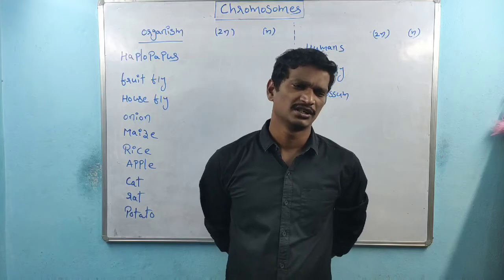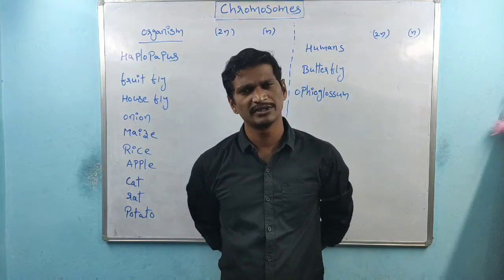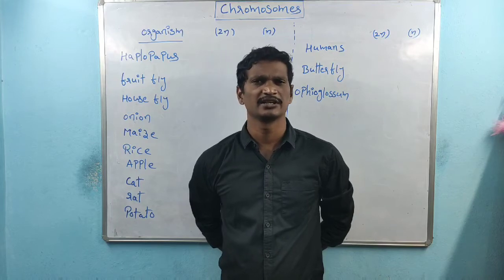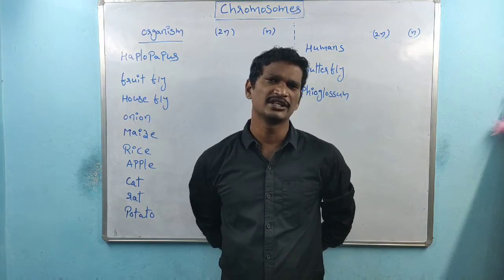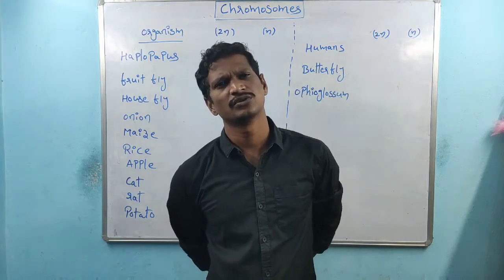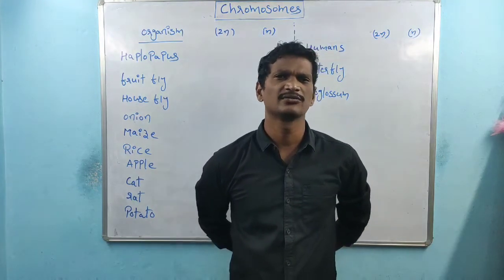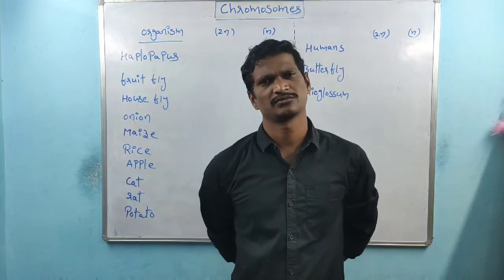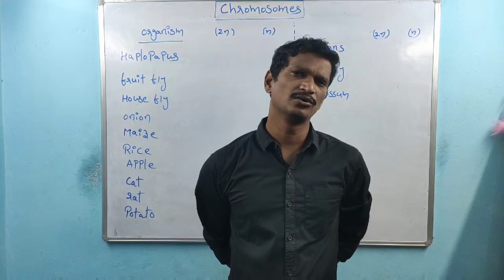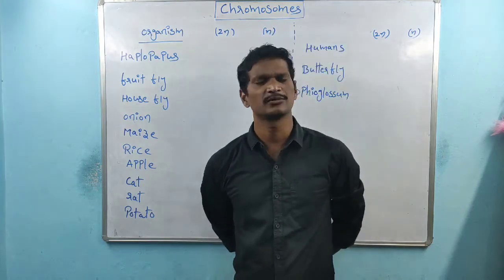The cells which are involved in the sexual reproduction process contain the 2n state of chromosomes. Okay, so sir, how are the 2n state cells produced? How is the 2n state of chromosomes maintained?